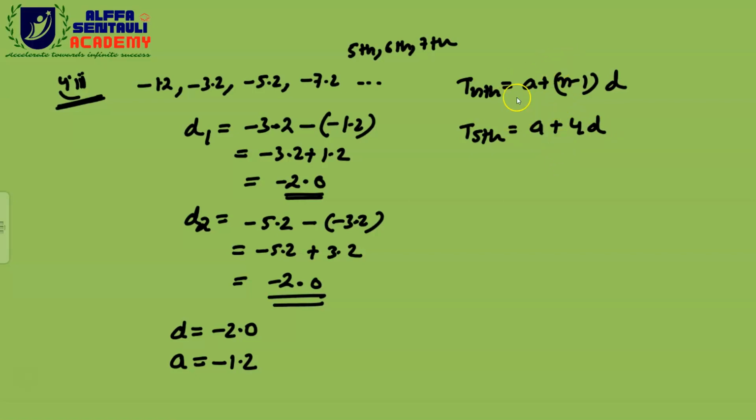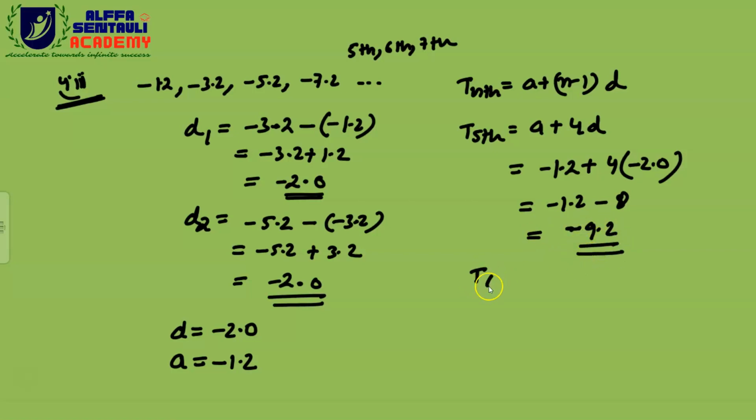When we substitute 5 over here, a is −1/2 and d is −2/2. So −1/2 + 4 multiplied by (−1/2), which gives −1/2 − 4/2. What do we get, beta? −9/2, correct? In a similar way, you can solve for the 6th term and the 7th term. This is for your homework, correct? Can you solve it, beta?